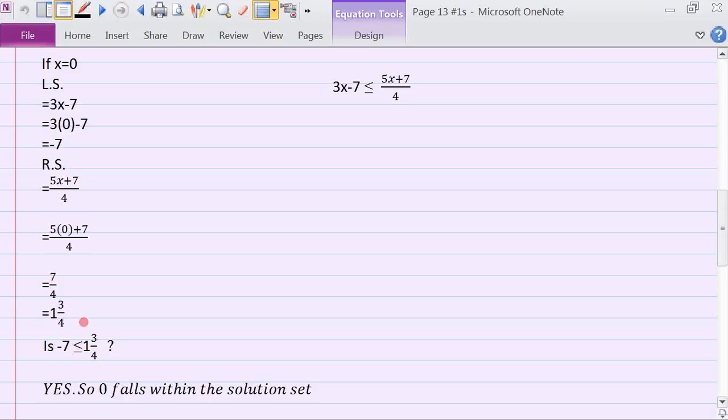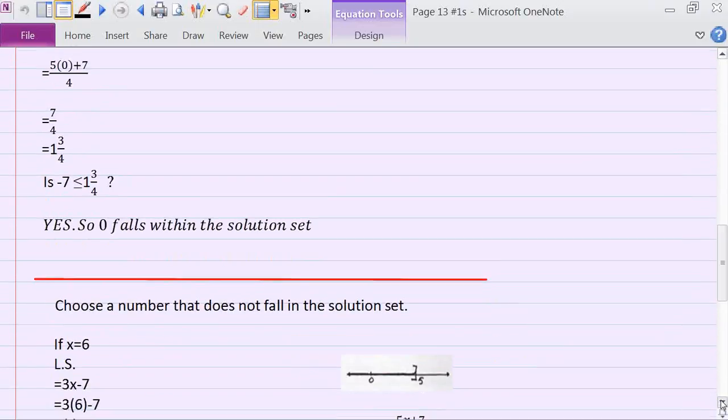Now, the question is, is minus 7 less than or equal to 1 3/4? Well, the very fact that this is a positive number, whether we use 7 over 4 or 1 3/4, minus 7 has to be less than any positive number. So the answer is yes, so 0 falls within the solution set.